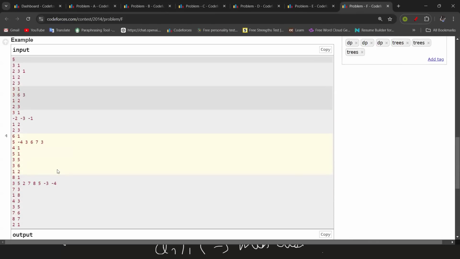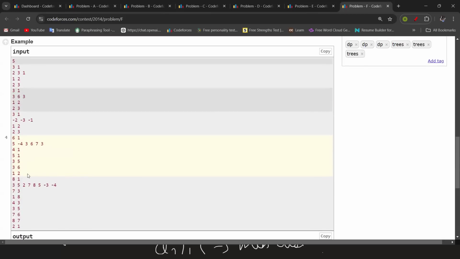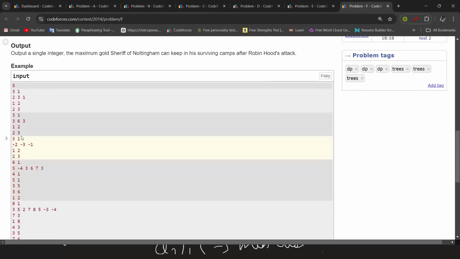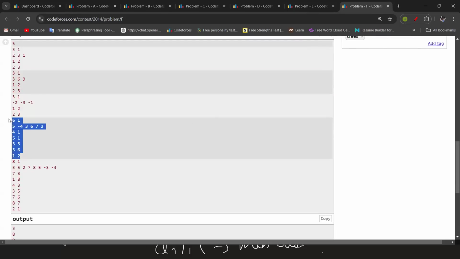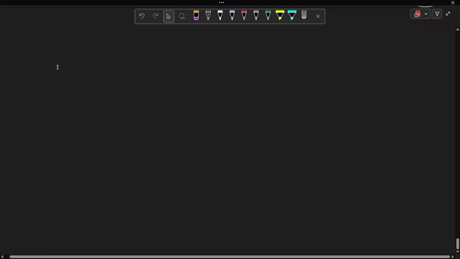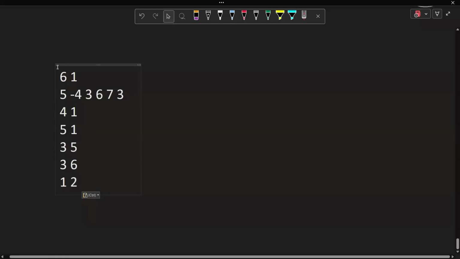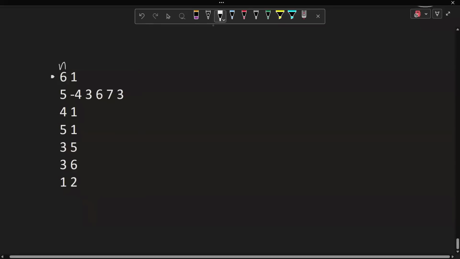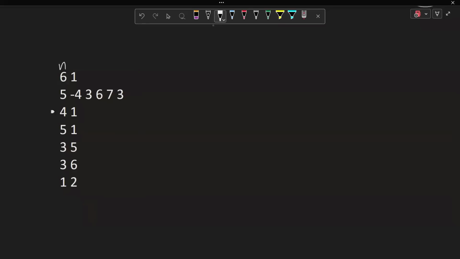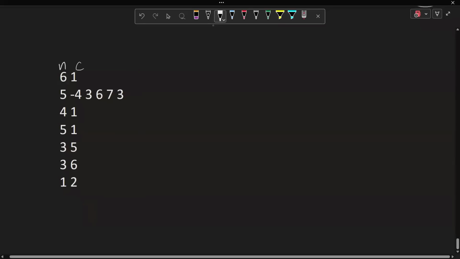So again, now let's look at an example to understand more clearly. Okay, let's look at this example. So here basically we are given a tree. So there are n nodes, n minus 1 edges, and C is given as 1.